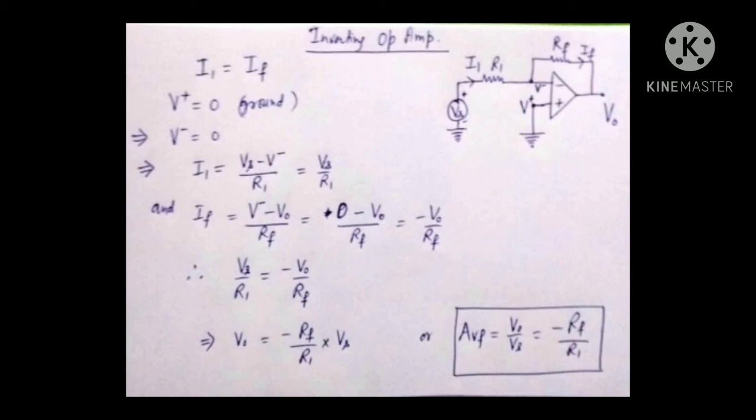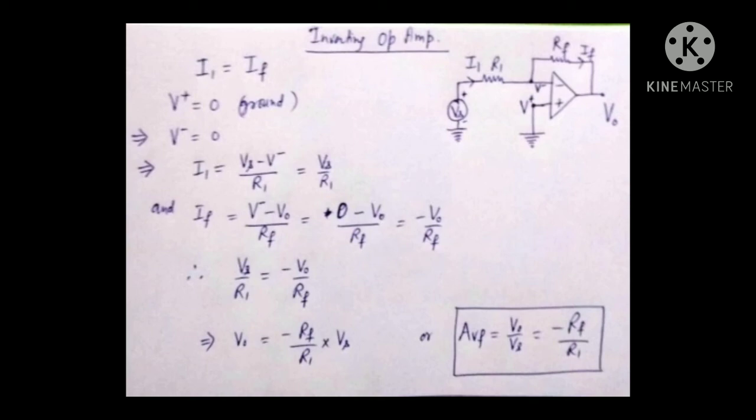IF is equal to V minus minus V naught divided by RF. Again, V minus is 0. So IF is equal to minus V naught by RF. As I1 and IF are equal, we can say Vs by R1 is equal to minus V naught by RF.